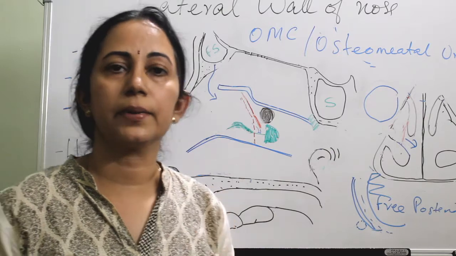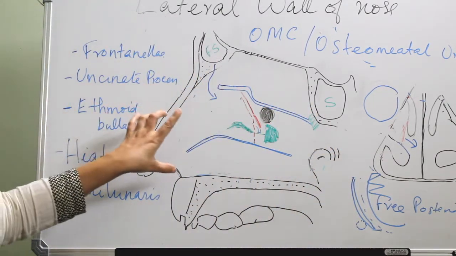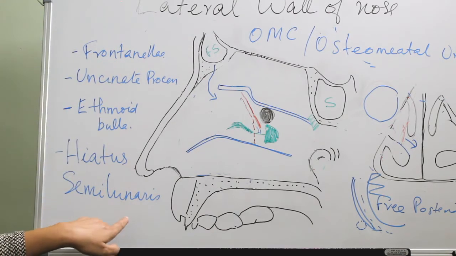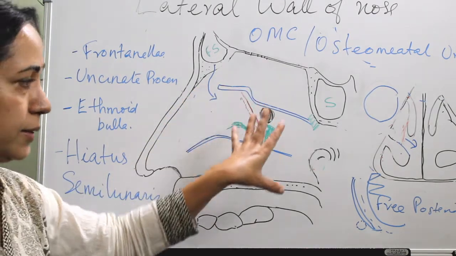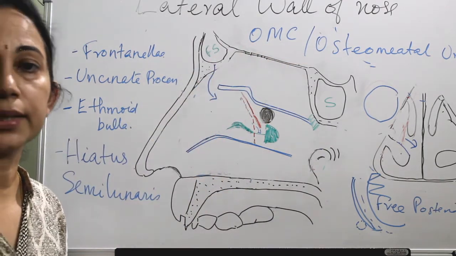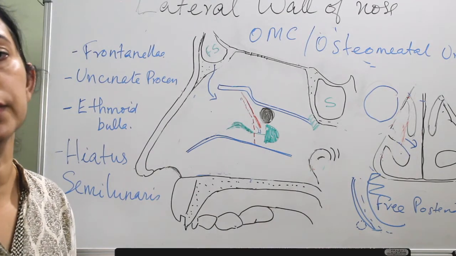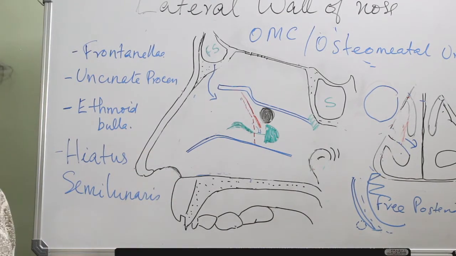Any anatomical variation of any one of these structures will cause stenosis or obstruction of the osteomeatal unit, and that is supposed to be the basic pathology contributing to the development of sinusitis.